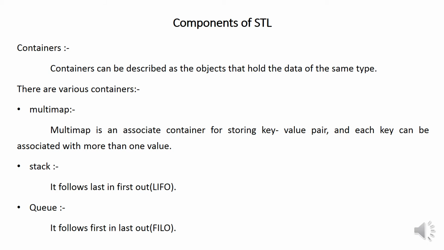The set stores a unique value, only one value. So the next component of STL is multi-map. As said for multi-set, there is a difference between map and multi-map also.